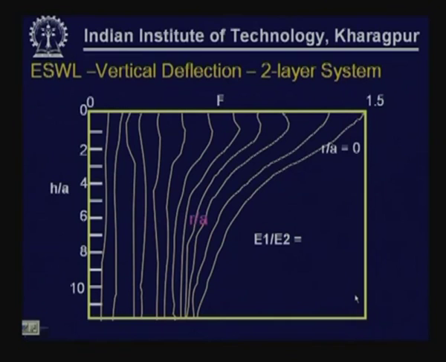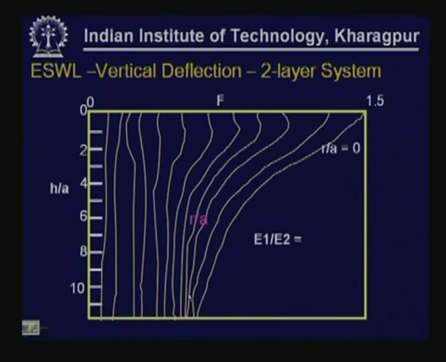So we have a similar chart available for interface deflection factor, given by F, which is a function of the radial distance R and the thickness of the pavement, which defines the interface location.